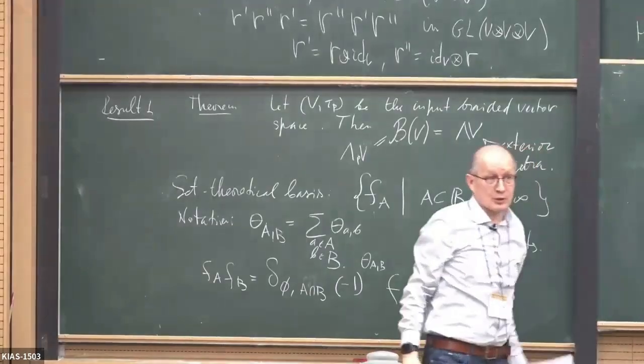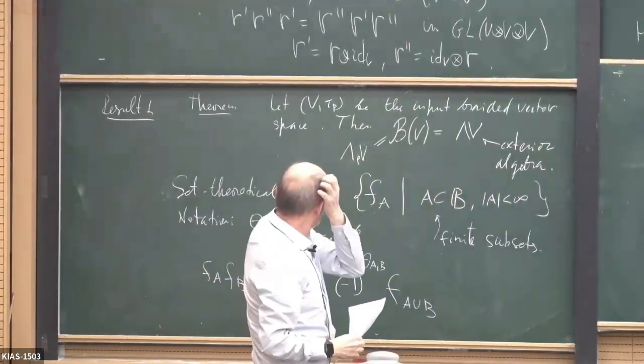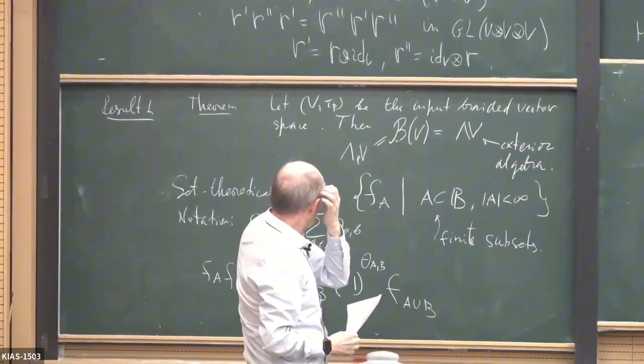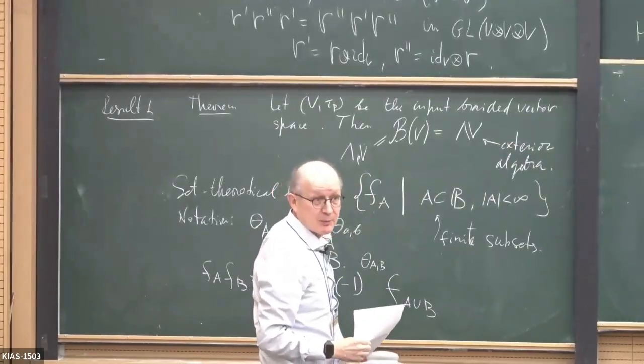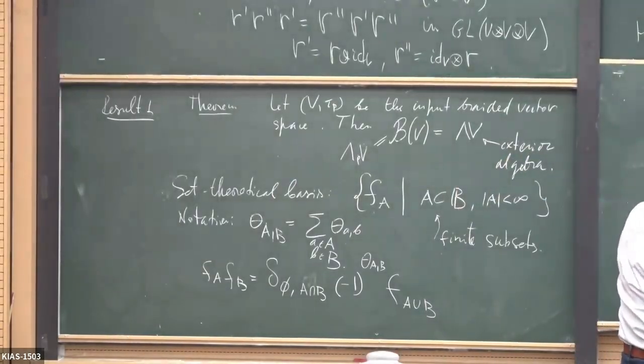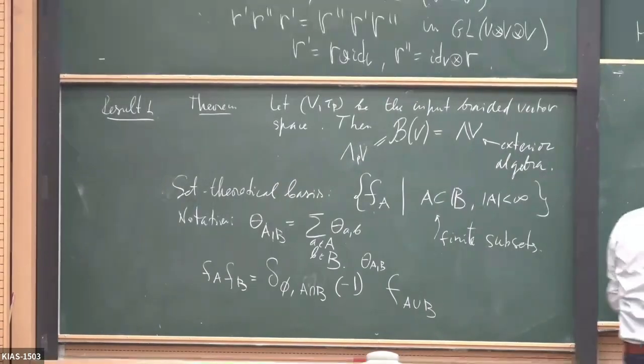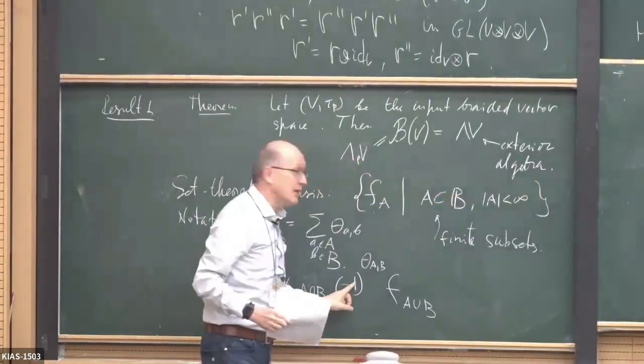So this is the coproduct formula for this braided Hopf algebra. And when p equals 1, you get here minus 1, just like here.